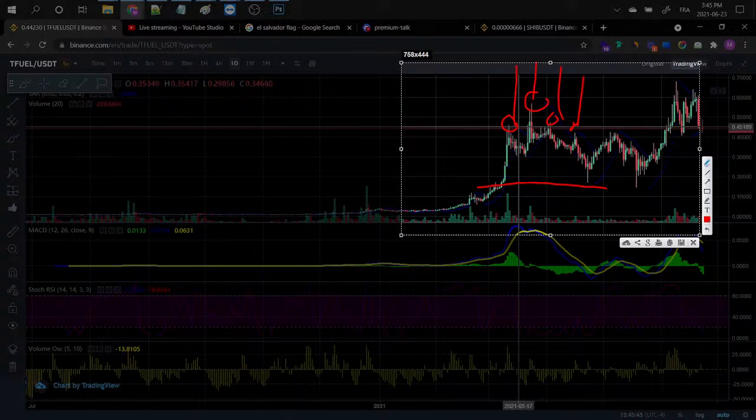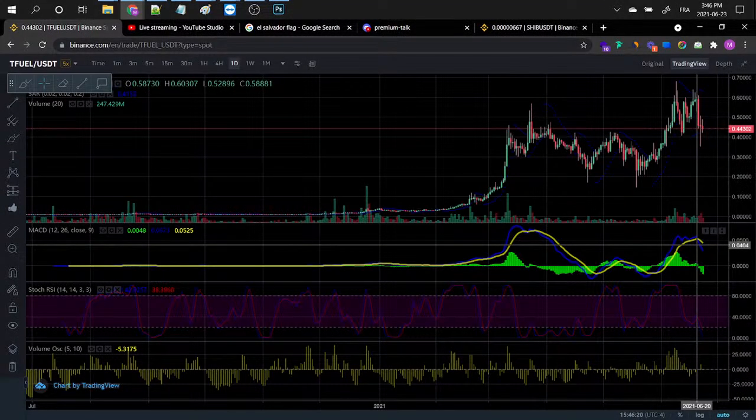And once it tests its resistance level 4 times, it almost always falls, guys. It's unfortunate. Of course, the T-Fuel has amazing news. It has amazing founders, all of that. And this is definitely something that you must watch out for. So definitely you must be very careful, okay? So give me just a moment, because I'll be back, okay?